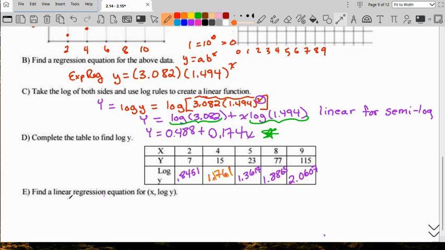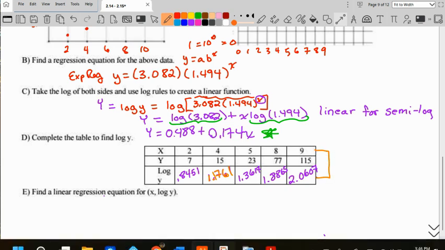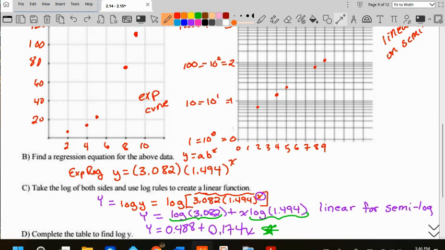Then it says find the linear regression for the equation of x, log y. So we want to pair x and log y. So let's get our calculators up and we're going to do a linear regression for that. So we did an exponential regression. This gave us the equation that we would have used on a regular graph.